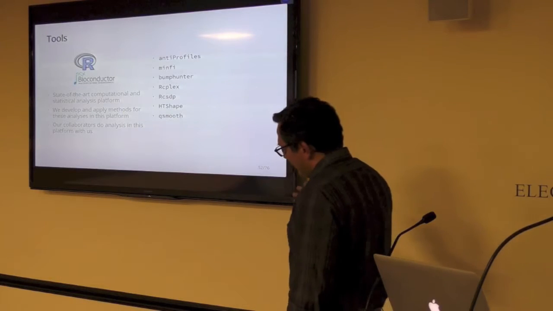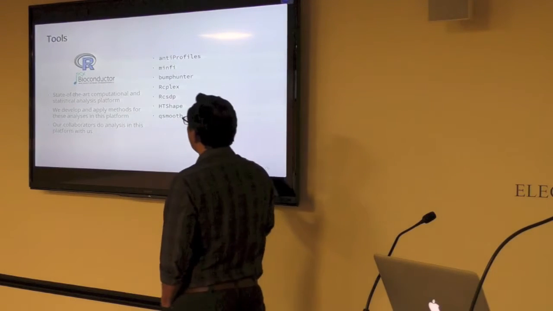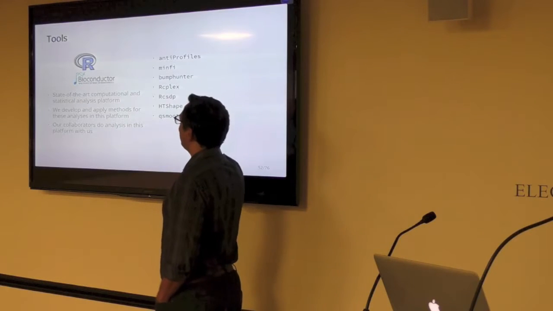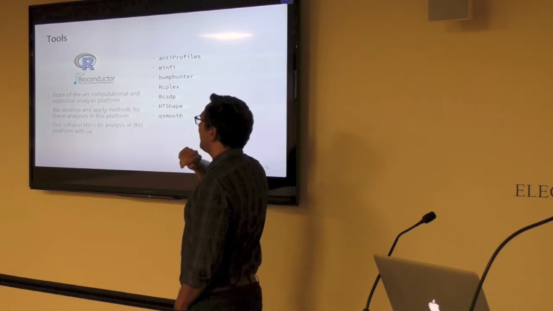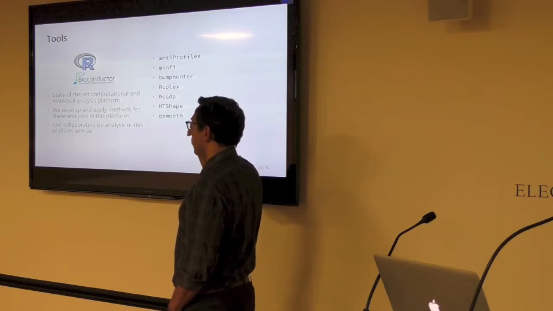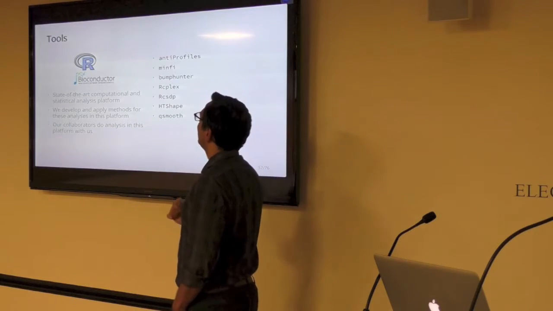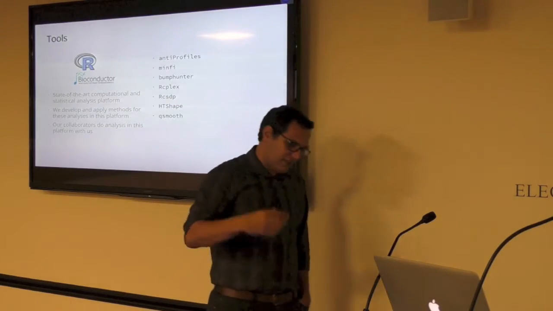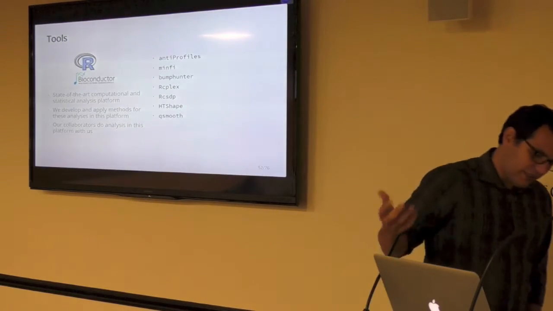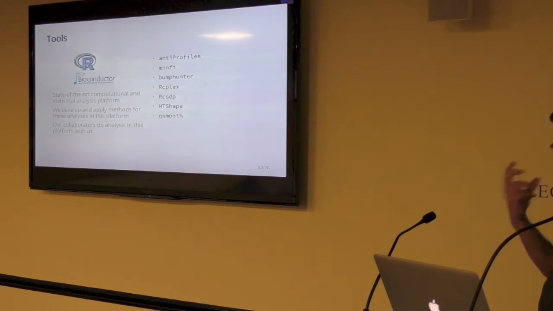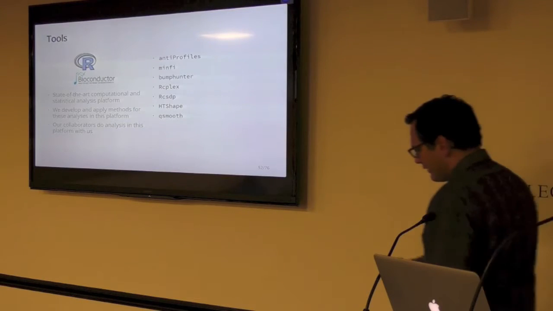All of the work that I've shown so far is based on tools that we've made publicly available to other scientists and are in use as we speak. And the tool of choice that we've been using is Bioconductor, this computational statistical analysis platform. We develop and apply methods for analysis in this platform.